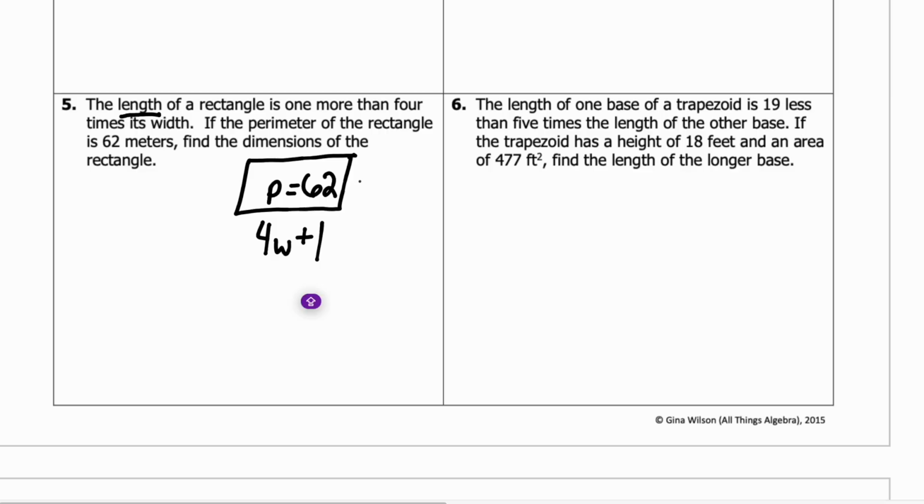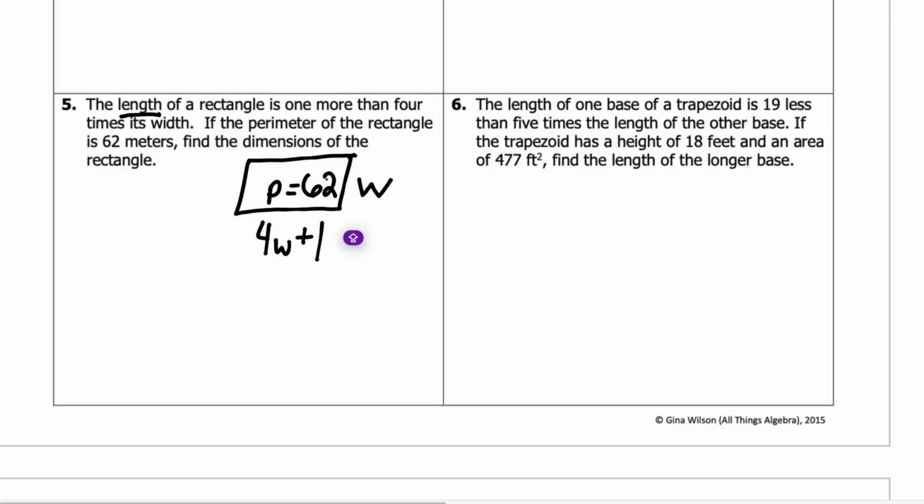And my width, they didn't tell me. That is actually our independent variable, meaning the width is what we're going to be using to build everything else on top of. Once we can find our width, we can plug it in to find our length. So we need to focus on finding what W is.